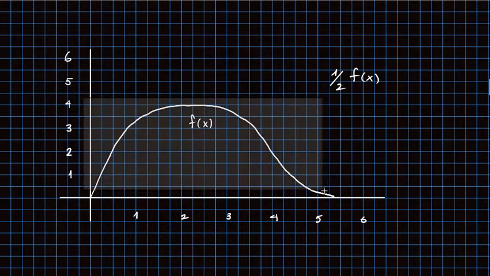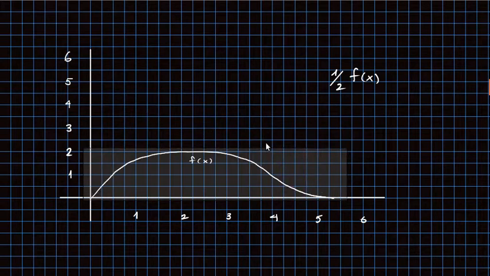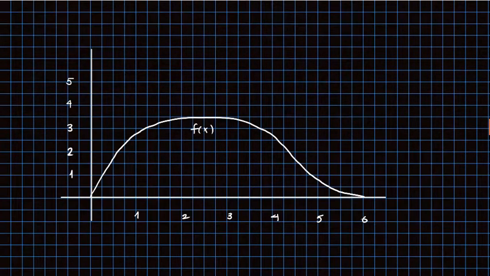So the effect of multiplication by 1/2 shrinks the graph vertically, because the number 1/2 is less than 1. You could say it shrinks by a factor of 2.